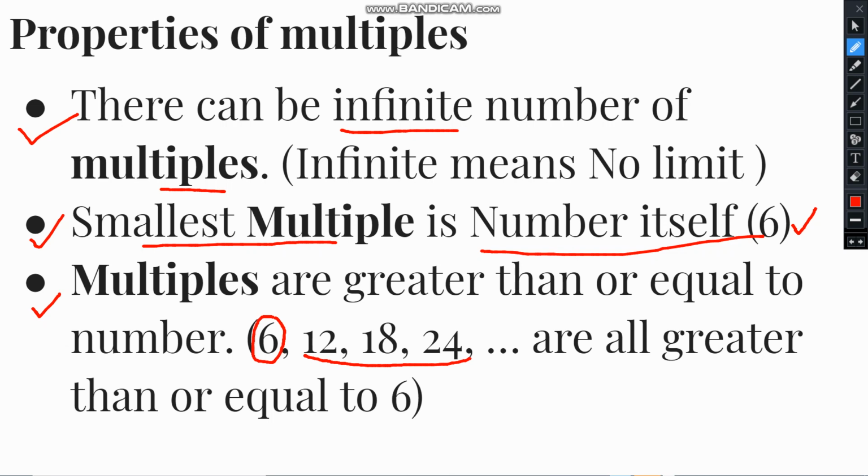So the multiple will be greater than 6, you can see 12, 18, 24 all are greater than 6, or it will be equal to. So the first multiple is 6 itself, so equal to 6 हो गया, and other multiples जो भी होंगे, that will be greater than the number. So this explains this point. Multiples are greater than or equal to the number.